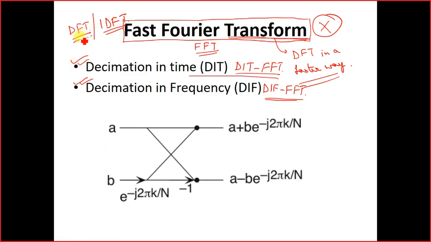Just like in the DFT, in IDFT also the length of the input and the output remains the same. Whatever the length of the input signal, you will get an output signal having the same length as that of the input.